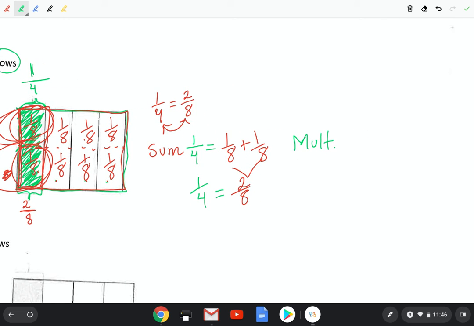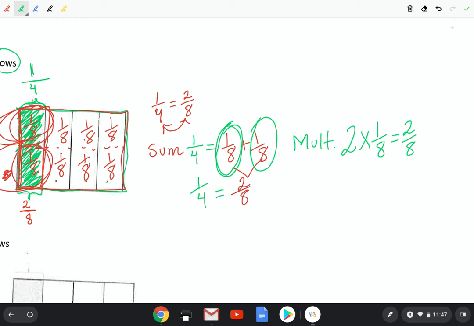Now, if you remember from past lessons, the multiplication would be the shortcut to this repeated addition, okay? So 1/8 plus 1/8 can be written as 2 times what? 2 times 1/8. Okay, and 2 times 1/8 is the same as 2/8.